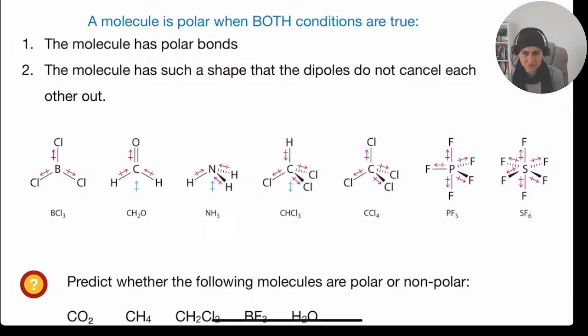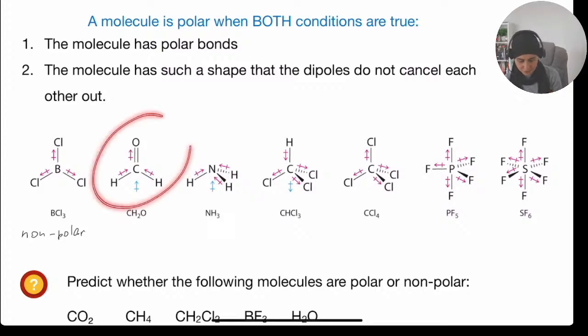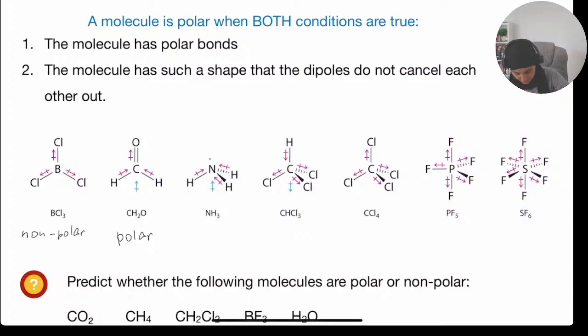Then unofficially, let's quickly understand whether it's polar or non-polar. It is non-polar because boron doesn't have lone pairs and all side atoms are the same. Now this molecule, let's just do the unofficial part. The carbon is the central atom, side atoms are all different, so polar. NH3, there is a lone pair which we didn't write here because it's a shape.